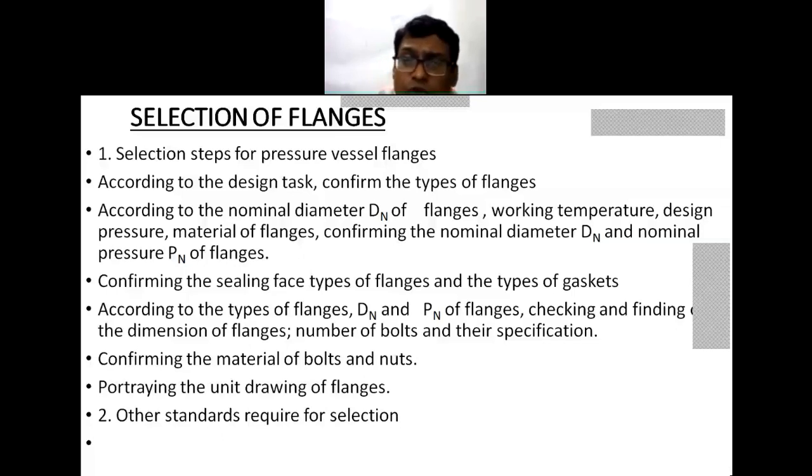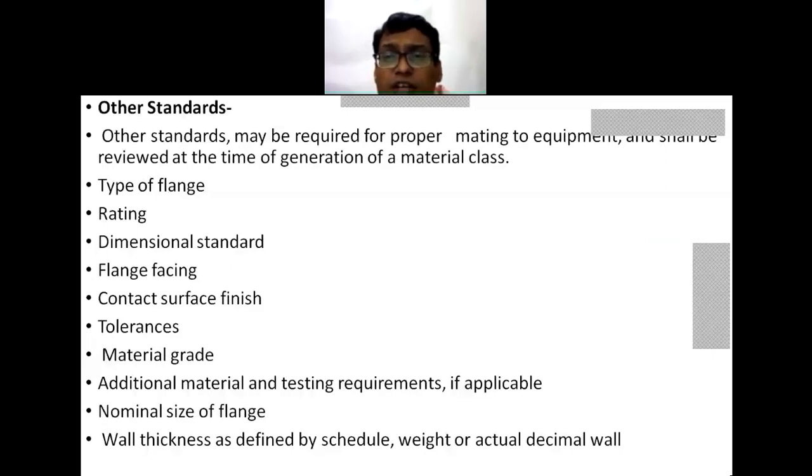Then, related to the other standards, these may be required for proper mating to the equipment and shall be reviewed at the time of generation of the material classes. That is, first, which type of flange. Now there are different types of flanges. First we have to decide which type of flange I am going to select. Then what must be its rating.